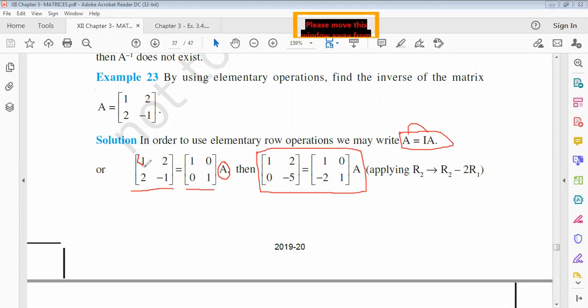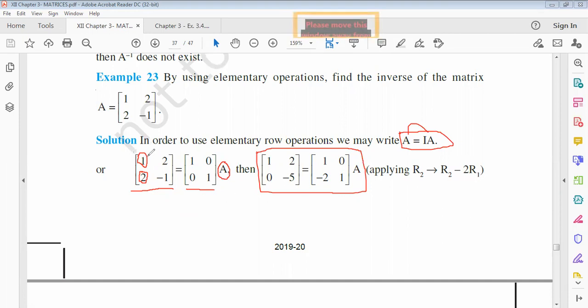Now here is the formation of the matrix, and with the help of this first element, we are going to make this second element 0. मुझे इस element को 0 बनाना है केवल, only I am concentrating on this one. So which operation do I have to apply? This is the second row, so R2 tends to R2 minus twice R1.